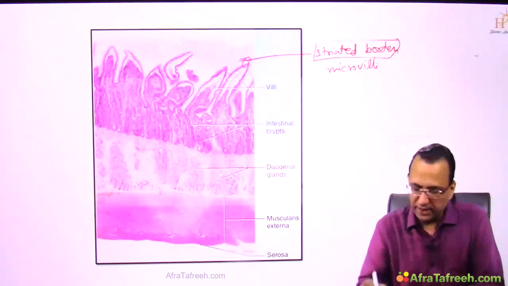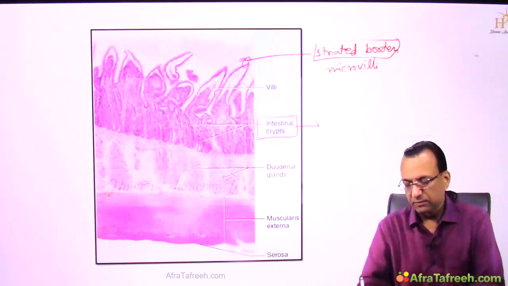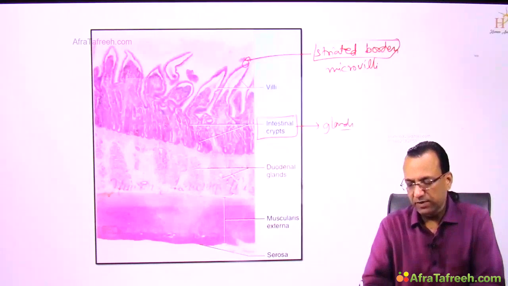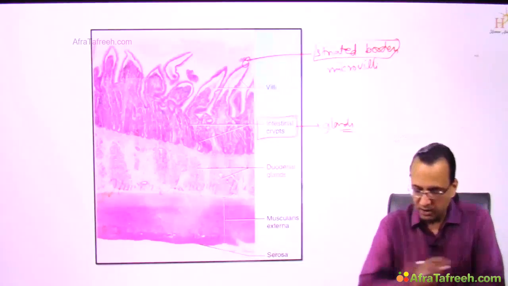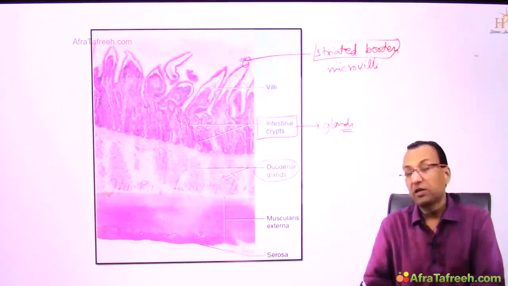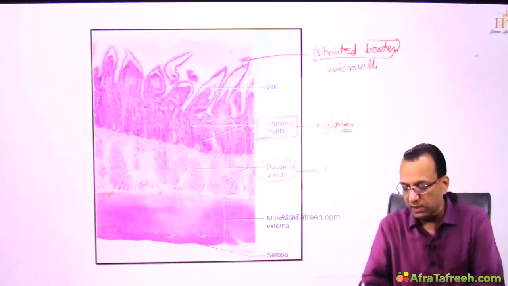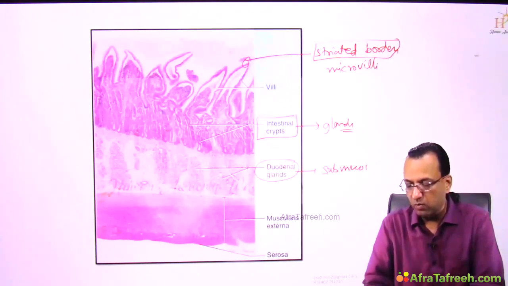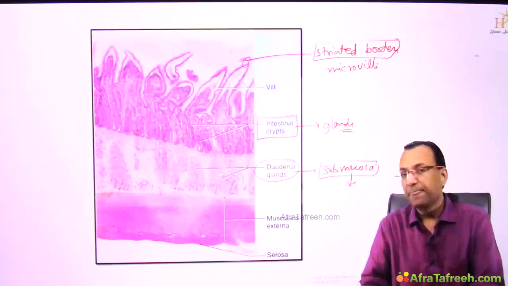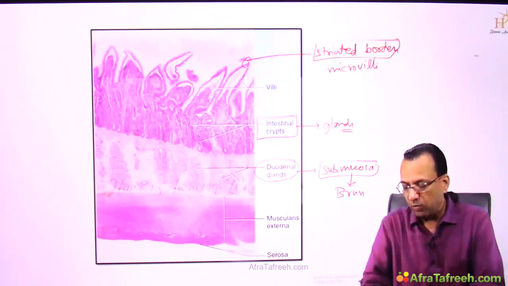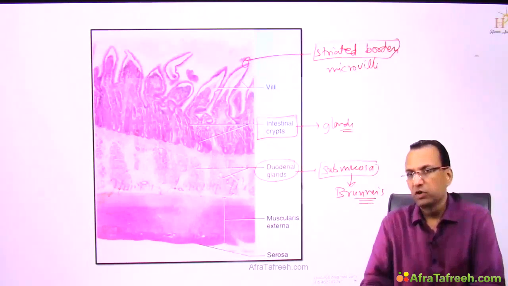There are some intestinal crypts which will be forming the intestinal glands, and in the vicinity duodenal glands. See, the thing was, there are some duodenal glands in the submucosa, and what do you call them? The Brunner's gland. And what is this Brunner's gland doing? You wanted to know?